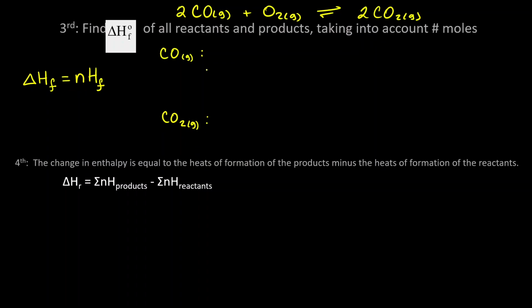Now, carbon monoxide has 2 moles. So I'm going to take 2 moles and multiply it by my negative 110.5 kilojoules per mole. And I can see my moles cancel, and that's what's going to give me my enthalpy change value in kilojoules.